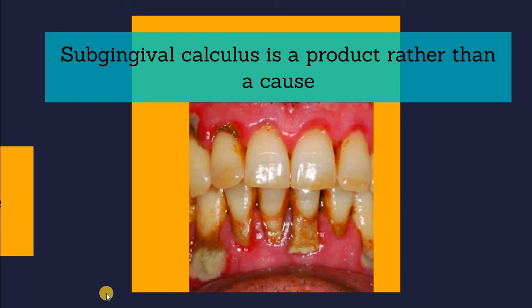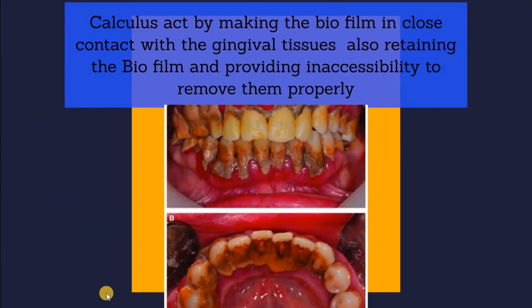So it is not a cause, it's a product. It's the process when the plaque accumulates subgingivally and the inflammatory exudates come into it and nourish it with minerals, then it will be calcified, forming a risk factor rather than a causative factor.